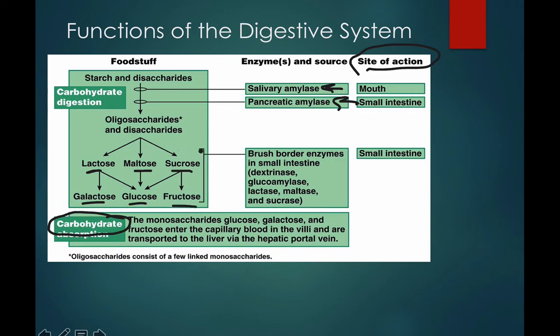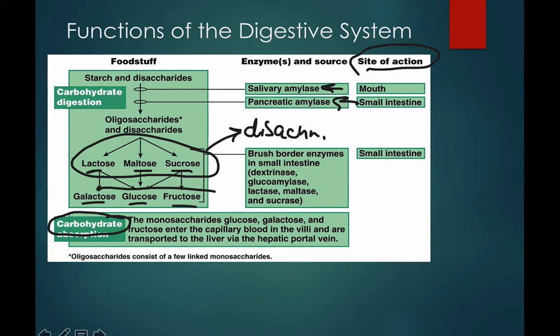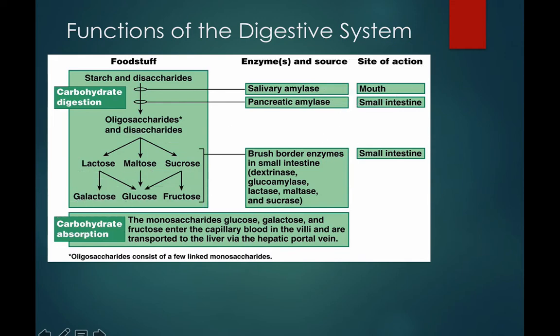So the oligosaccharides and disaccharides, when you're answering some of your questions, these are disaccharides. And then these ones are your monosaccharides. So hopefully it makes sense that it's going to break it from a larger substance into smaller ones. So these are disaccharides, they'll break them into monosaccharides. The big takeaway is that the carbohydrate digestion occurs at the mouth.